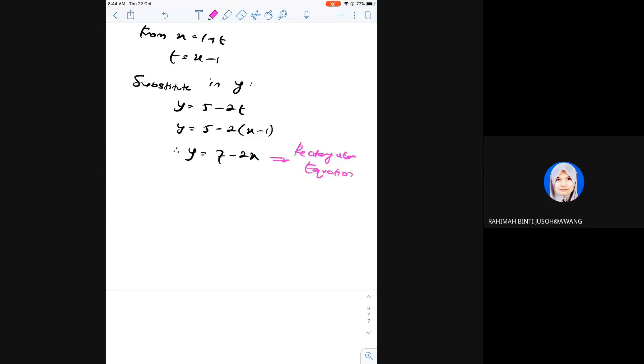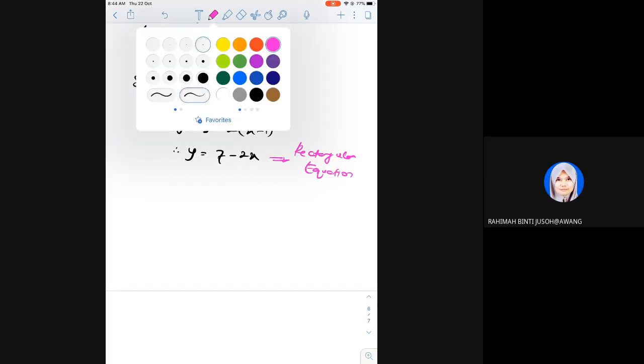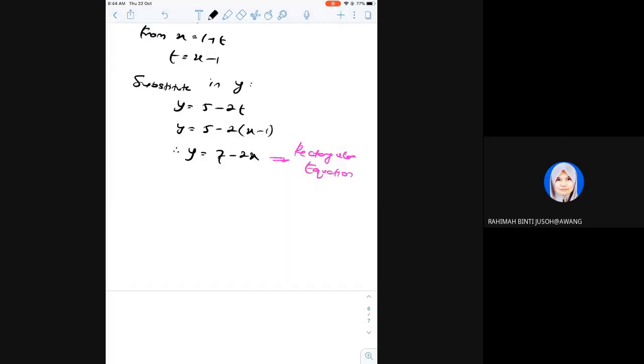So guys, in your test or quiz, if the question asks you from the given parametric equations, find the rectangular equation, what you should do is you have to eliminate parameter t. Supaya rectangular equation ni dia hanya ada variable x dan y sahaja. Understand?